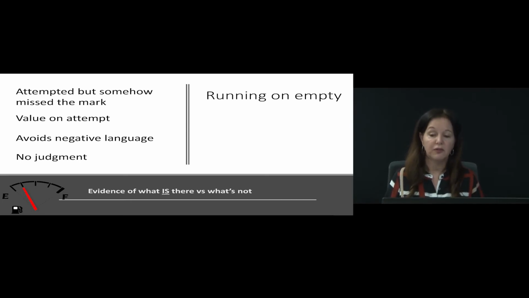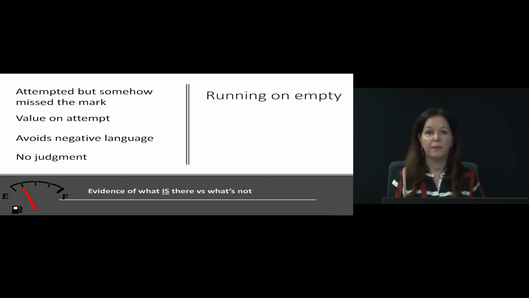You want to be very careful about the language you use, so your students always feel that there is an opportunity for them to improve. This is the whole point of a rubric.